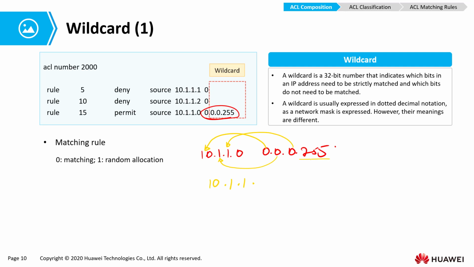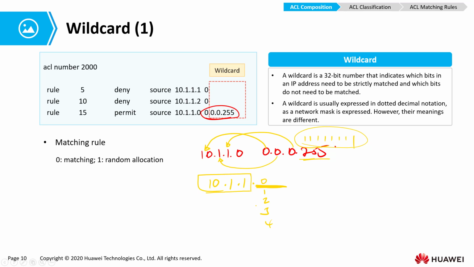But now this is 11111111. This is 255. What that means is that all the 8 bits right here do not matter. Whether it is 0, 1, 2, 3, 4, as long as these 3 octets are the same, that traffic is going to be matched. That is what that particular rule is trying to mean.